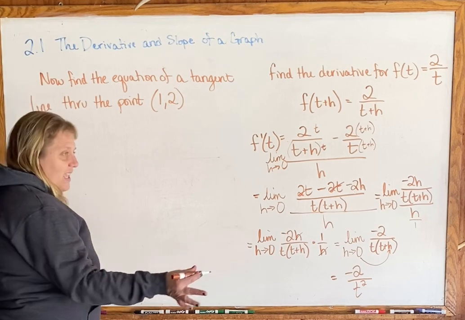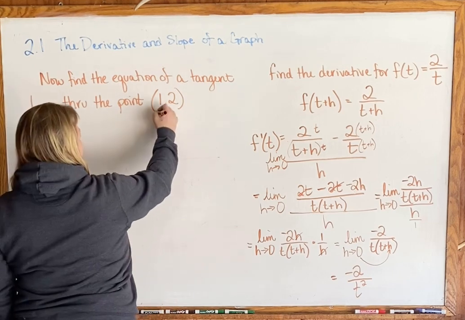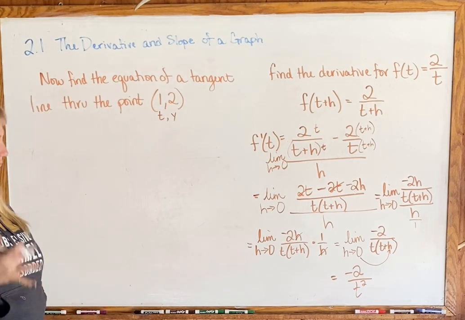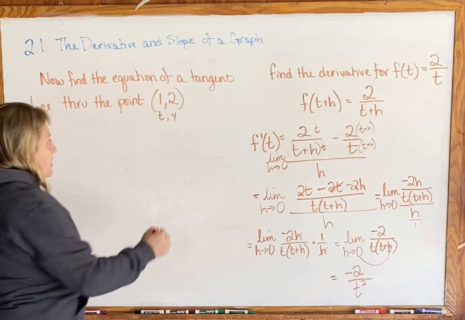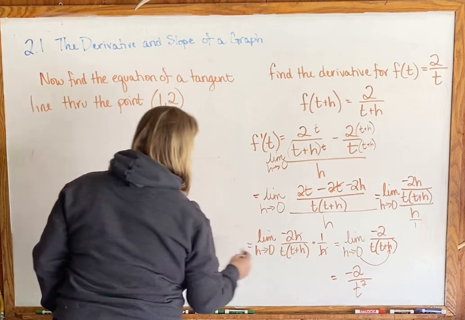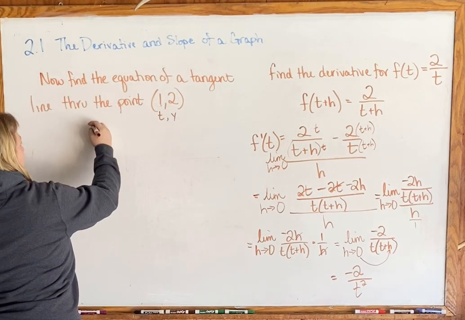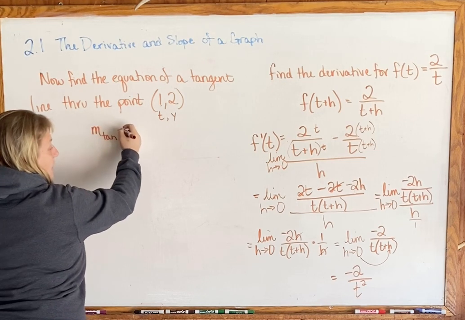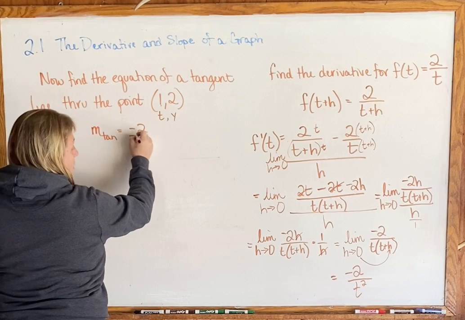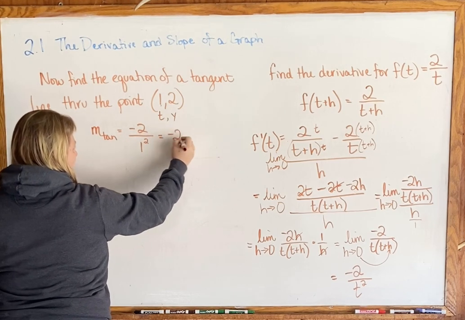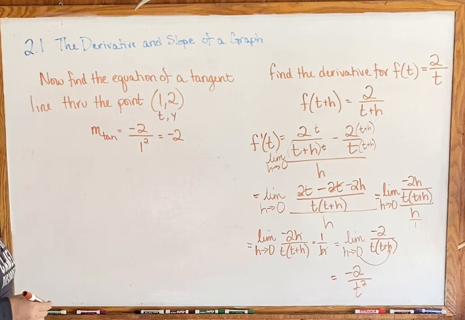Now, again, they made this one a little bit uglier in that this is t, y, not x, y, but it still works the same way. So we're going to plug in that first coordinate into our slope there. So the slope of the tangent line, the derivative, is going to be -2 over 1 squared, which just gives us -2, right?